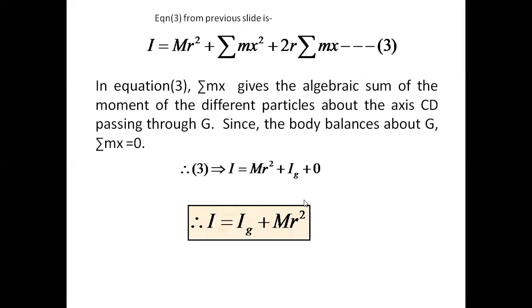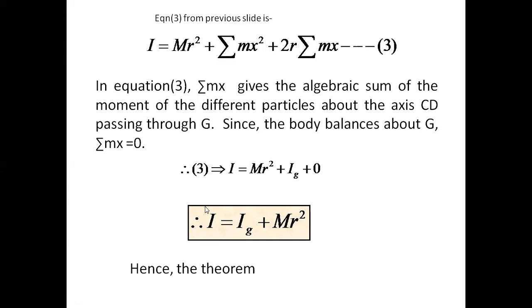So finally we can write I is equal to Ig plus M r square, where I is the moment of inertia of the rigid body about any axis, Ig is the moment of inertia of the body about an axis passing through the center of gravity, plus the product of the mass of the body and the square of the distance between the two parallel axes. This is the proof for the theorem.